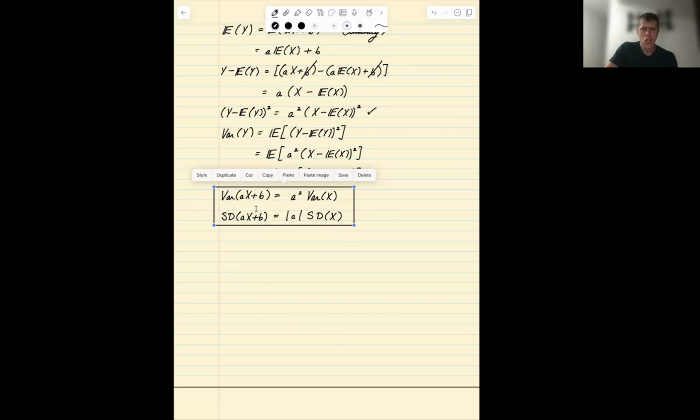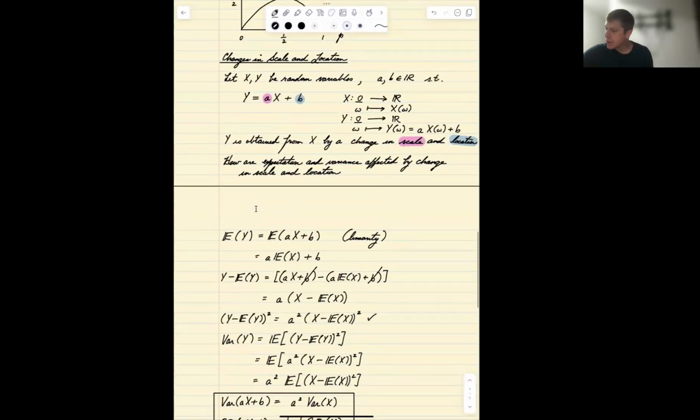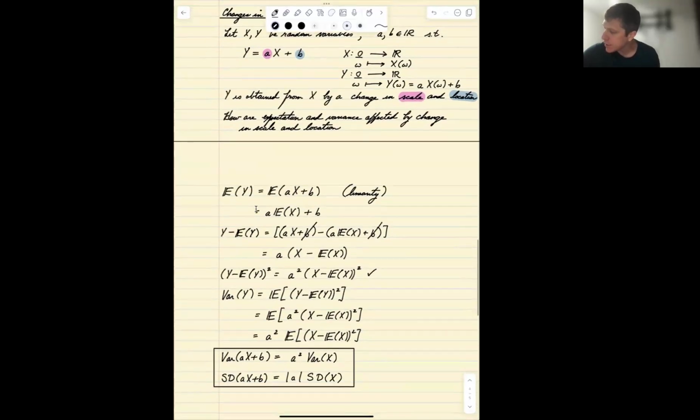Okay. So why is that interesting? Well, think about it. For expectation, first of all, let's record this here. If we have a change in scale and location, the expectation changes accordingly, its scale and its location, right?